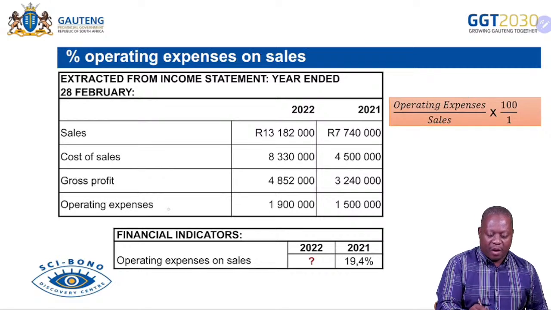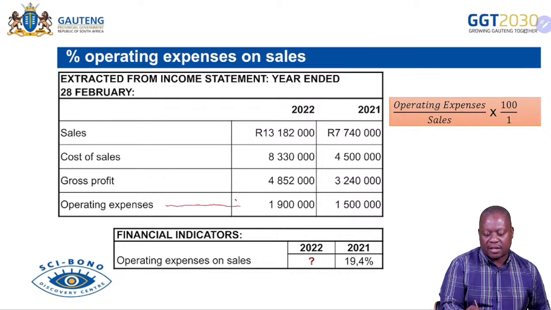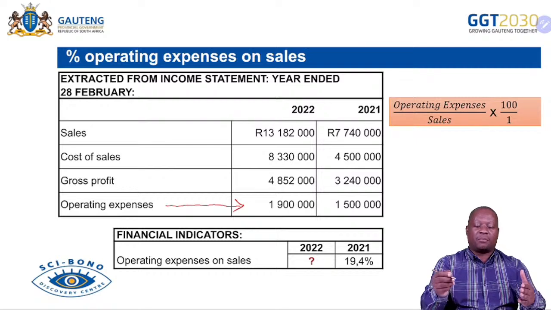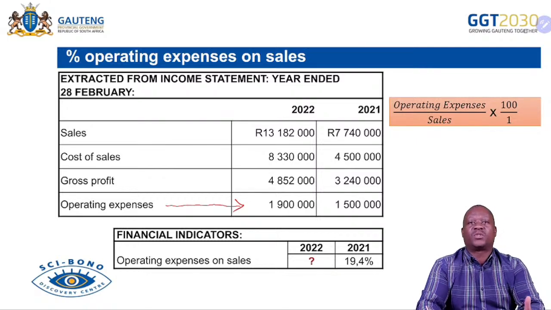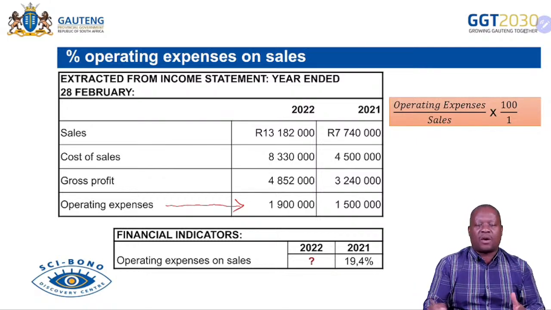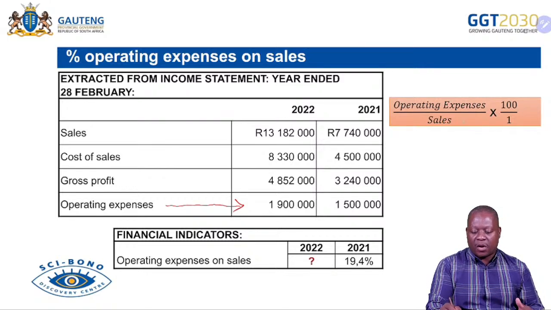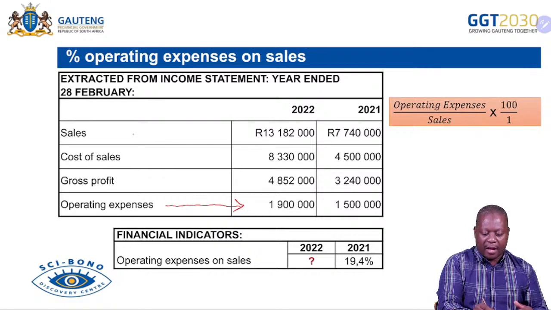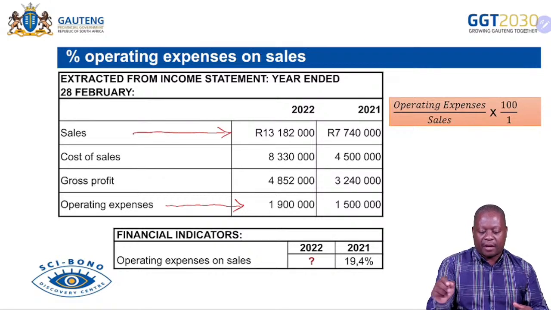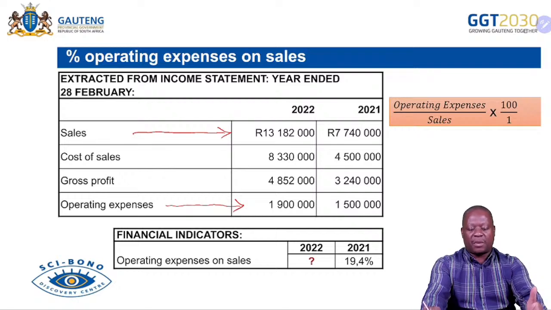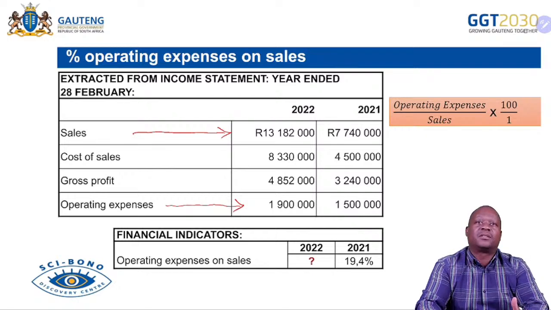Now, the key is you now look for operating expenses. From what we have, our operating expenses, there we are. And remember, we are calculating for the year 2022. So straight away, we have got our operating expenses at 1.9. We also look for sales. There we are, the first figure on top here, sales, 13,182,000.